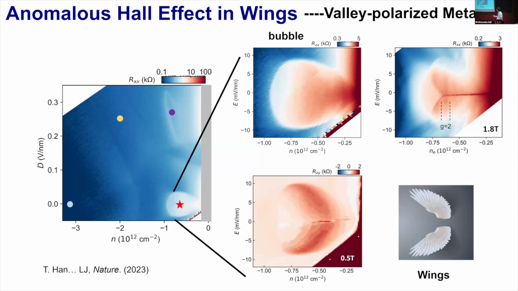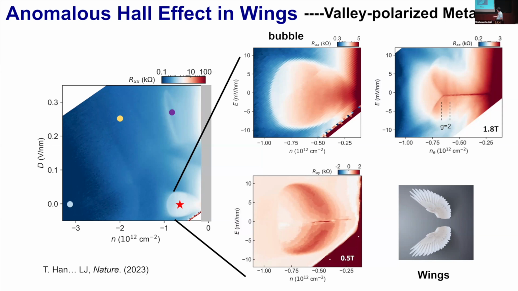And the next thing you can do is to measure the anomalous Hall resistance. Instead of doing magnetic hysteresis, what I'm showing you here is the Hall resistance at 0.5 Tesla. And of course, 0.5 Tesla will give you some normal Hall signal that's proportional to the magnetic field. But that signal is rather small, and corresponds to the color you're seeing here.